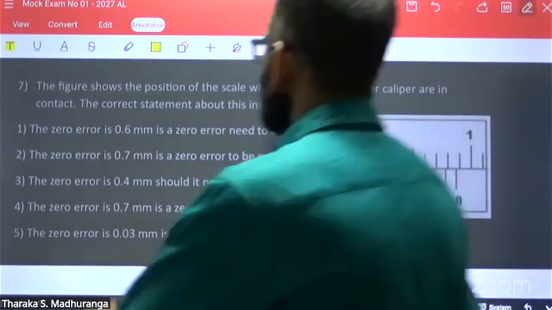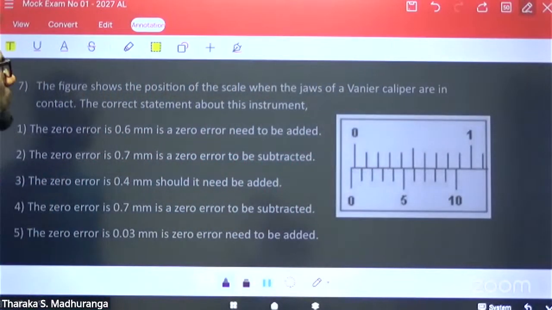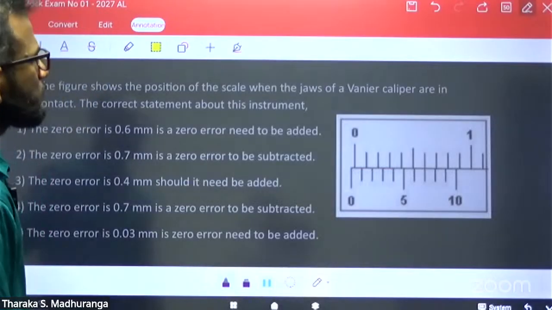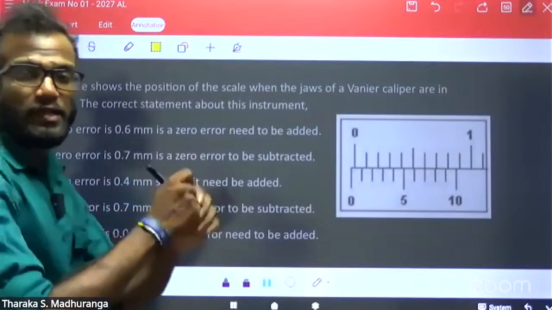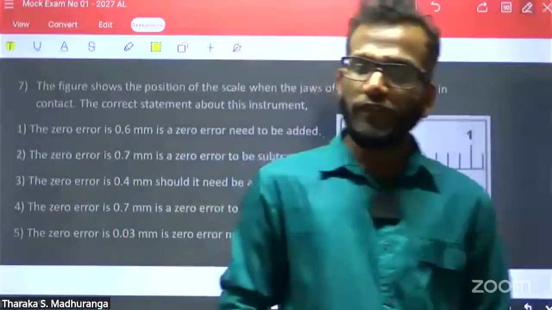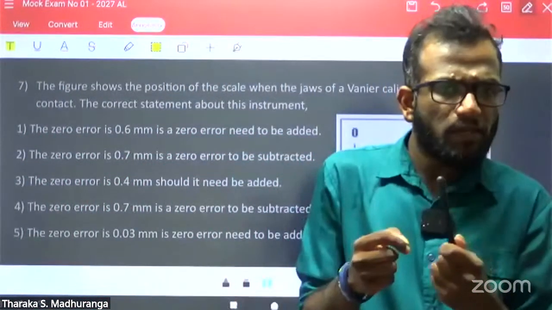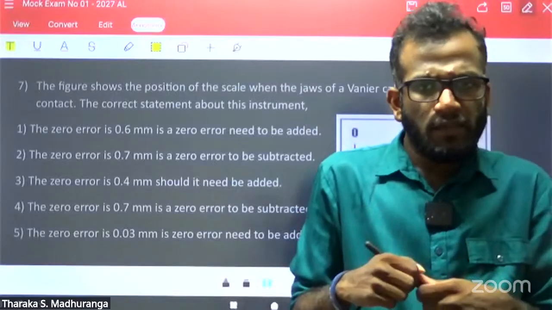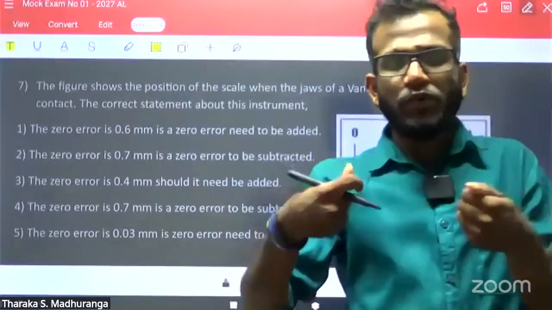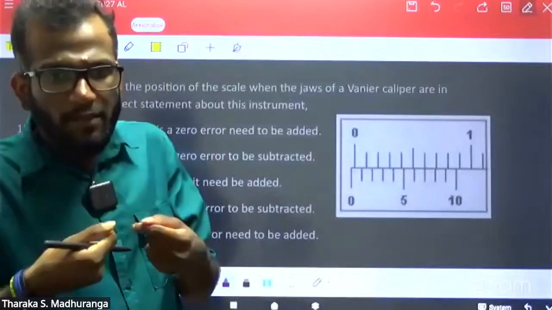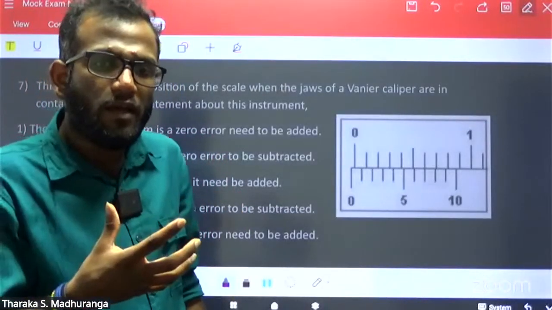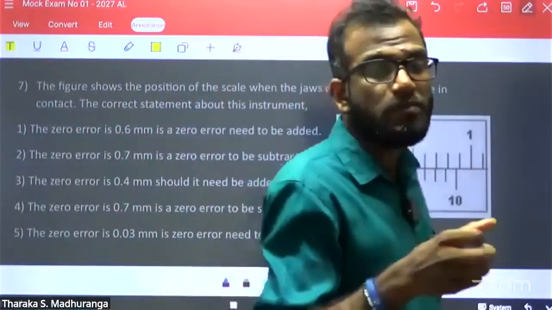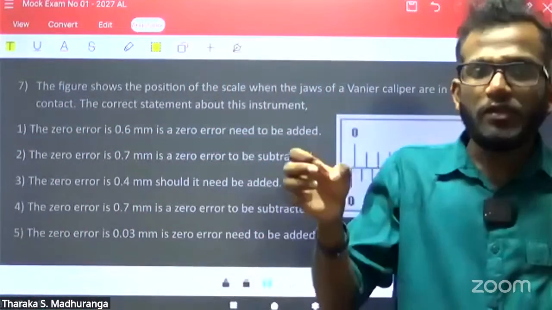Question number 7. The figure shows the position of the scale when the jaws of a vernier caliper are in contact. Jaws of the vernier caliper in contact means there is no object between the jaws.